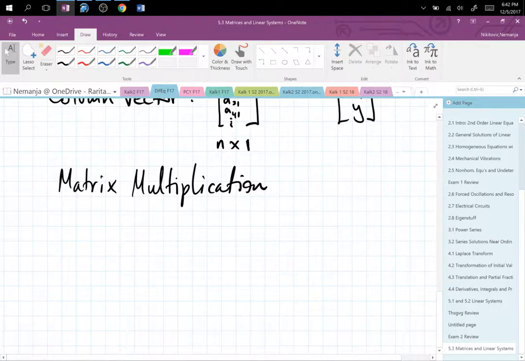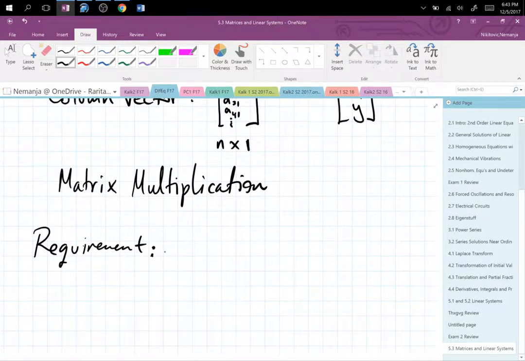You can't always multiply matrices. So what is the limitation? What is the requirement? The requirement is that the number of columns of the first matrix has to be the same as the number of rows of the second matrix.